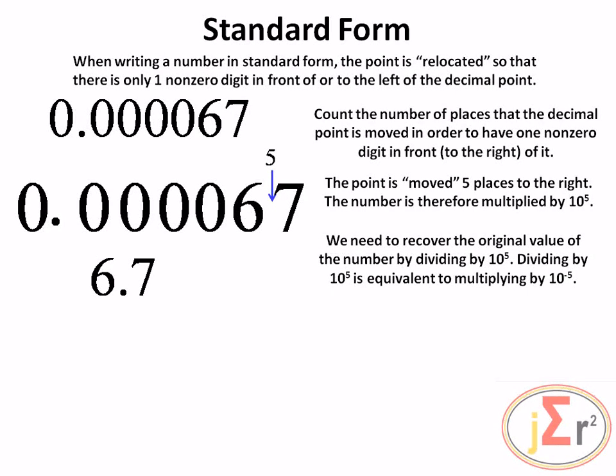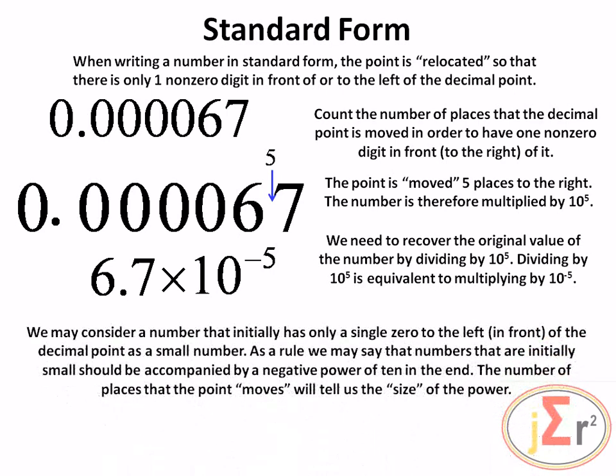Now, relocating the point is equivalent to multiplying by 10 to the power of 5. Therefore, we have to recover the original value of the number by dividing by 10 to the power of 5. Of course, dividing by 10 to the power of 5 is the same thing as multiplying by 10 to the power of negative 5.